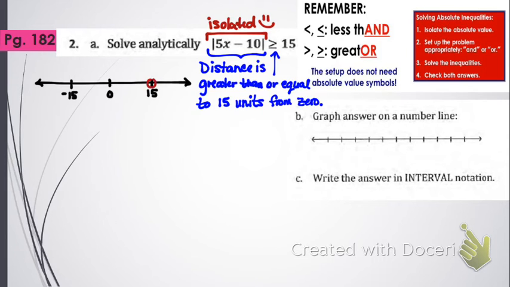Could I be standing right at +15? Because it has what symbol? The or equal to part of it means I could stand right there. Could I be right here? No. Why not? Because it's greater than. It says greater than. So where could I be? Anywhere after the 15. Anywhere after the 15 would be okay.